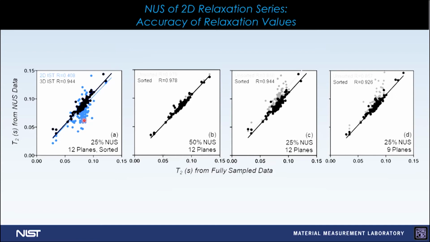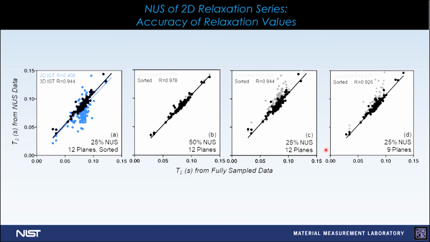And the values in blue are the relaxation values that were extracted from a conventional 2D reconstruction of each of the planes in the relaxation series. And those results are terrible with a correlation coefficient of less than 0.5. So the correlation coefficient here is 0.408. Okay. And at 50% sampling, both methods work very well because 50% sampling is good enough for 2D reconstruction. But at 25% sampling, there's a substantial improvement when we use the 3D method.